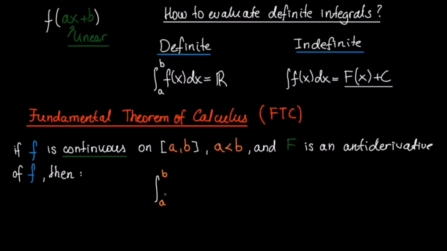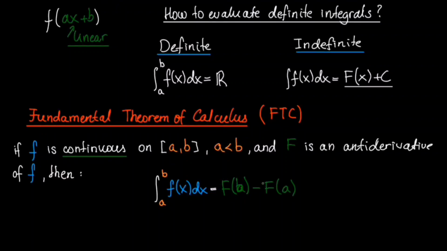On the bottom, we have the smaller value, and on top, we have the greater value. Hence, we had the condition that a is less than b. When you take this integral of f of x dx, the result is F of b minus F of a.